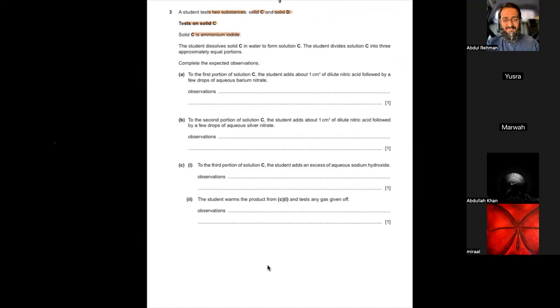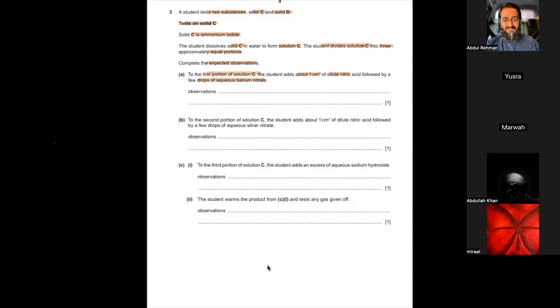The student dissolves solid C in water to form solution C. The student divides solution C into 3 approximately equal portions. Complete the expected observation. To the first portion of solution C, the student adds about 1 cm³ of dilute nitric acid followed by a few drops of aqueous barium nitrate.